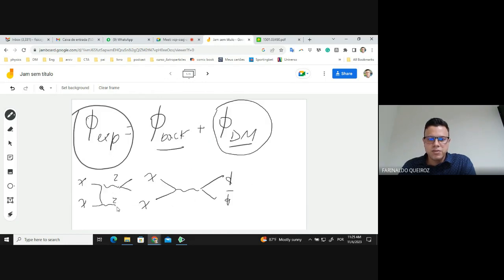And now I have fermions. So as I increase the dark matter mass, I open up a new annihilation channel, and that annihilation channel produces fewer gamma rays. So if my phi dm decreases, then the constraint I get is smaller. Okay?